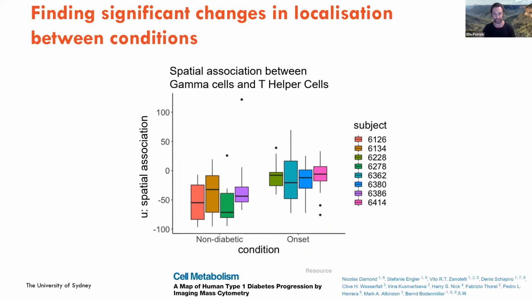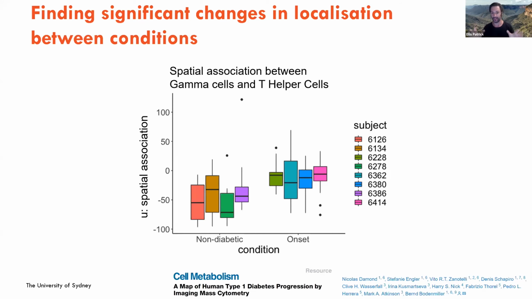Here there's a box plot where every single dot is a different image, and we've got multiple subjects or patients. You can see here that in the non-diabetics, these two cells are probably avoiding each other. And then as you get early onset diabetes, these cells tend to mix a little bit more and that structure disappears.